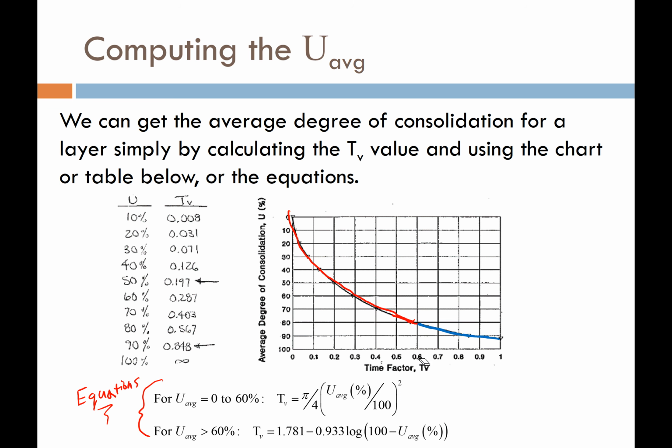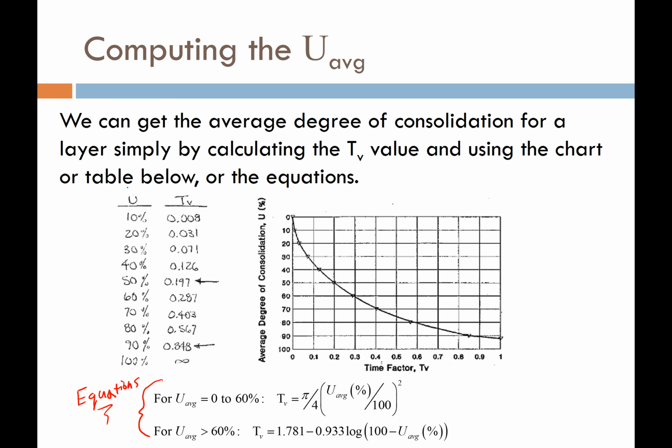And notice, friends, that it is all a function of T sub V. So U average and T sub V are the two things that are related, okay? And we can go either way. I can solve U average given a T sub V, or I can solve a T sub V given a U average. Usually we know T sub V and we're solving for U average.